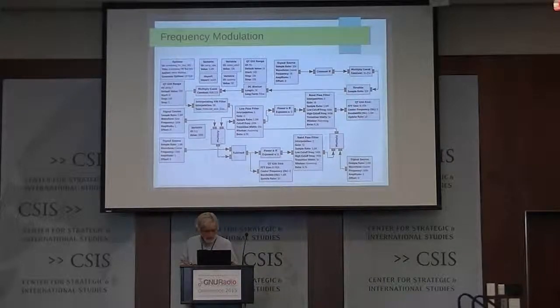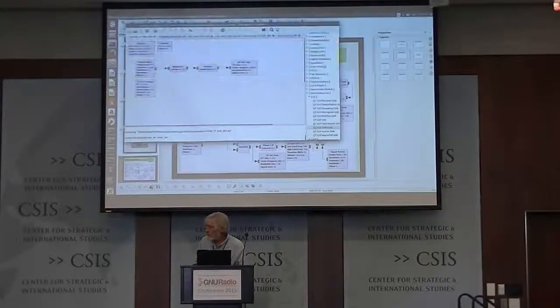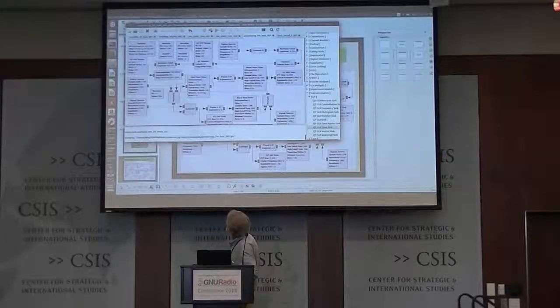For this one, I do have a live version so that we can look at that, because you can't really see a lot from this diagram. So let's see. Put the Armstrong FM. I can run this here.